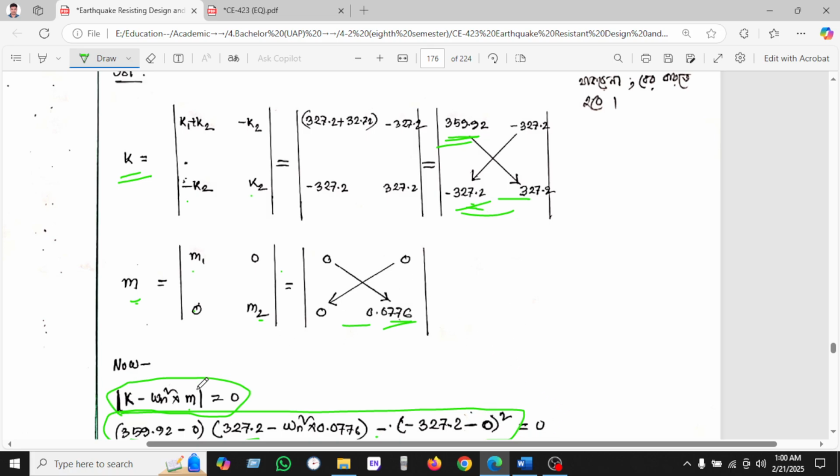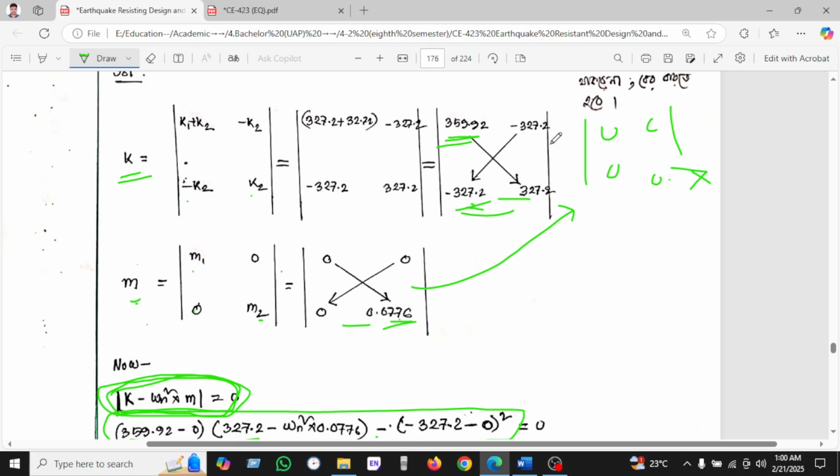You can use it here, or you can use this approach. Taking this here, what will be 0, 0, 0 and 0.77.